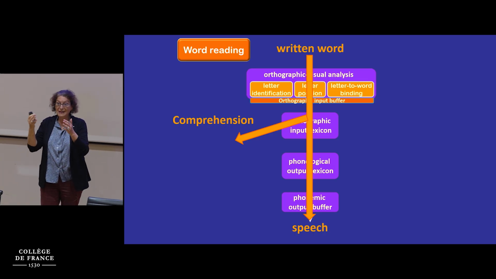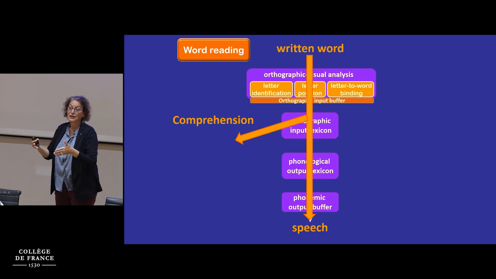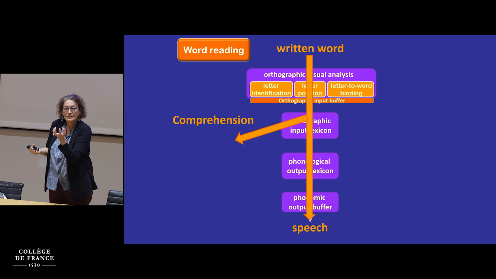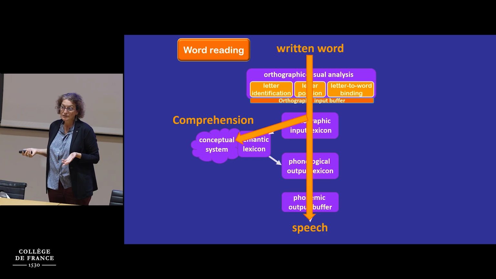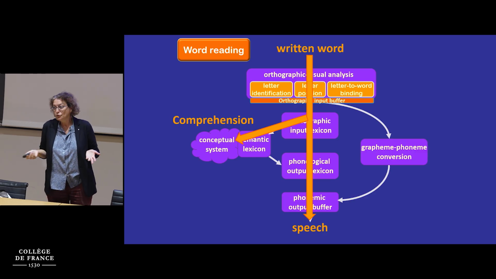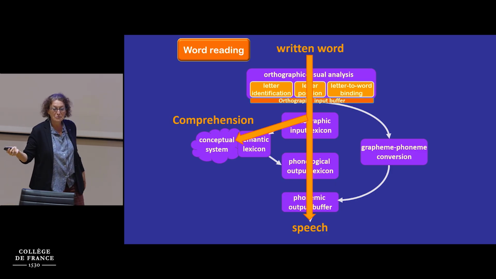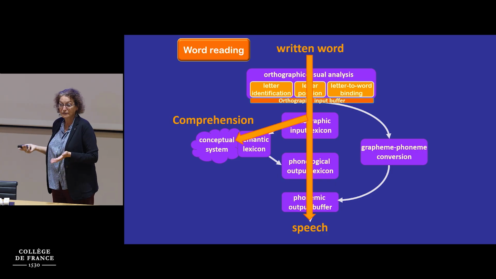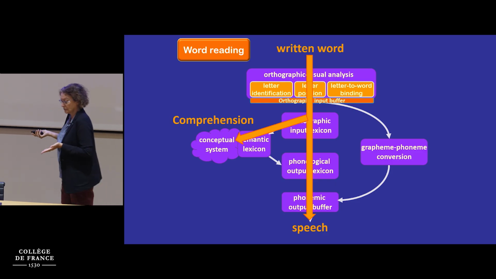We have to get to some kind of a list, a lexicon of written words, and from there to a list of the way the words sound like, and then to hold all these phonemes and say them out loud. We want to understand the written word, and we also want to be able to read new words, right? Because if we get to a city we don't know, and we want to read the names of the streets, some of these words will not be in our lexicons, and we need to be able to read in a letter to sound conversion.